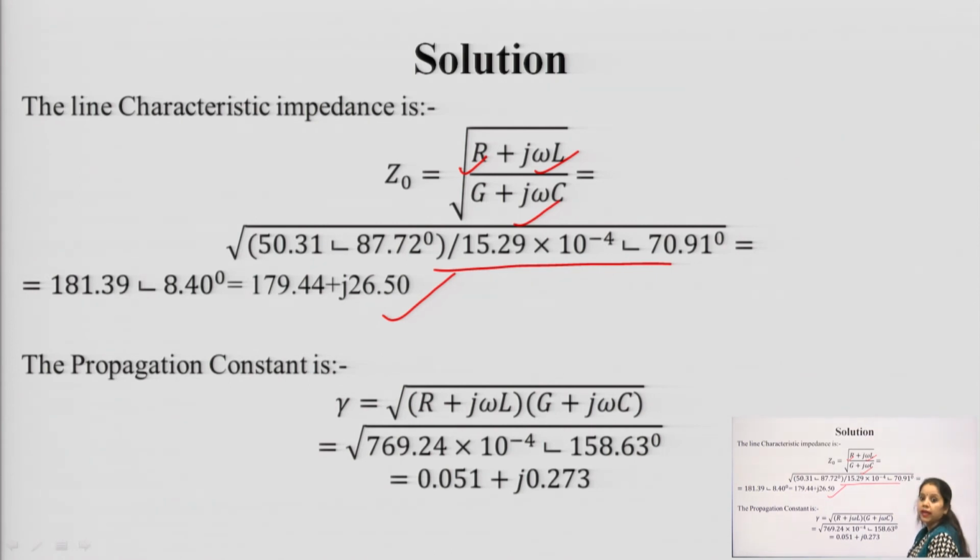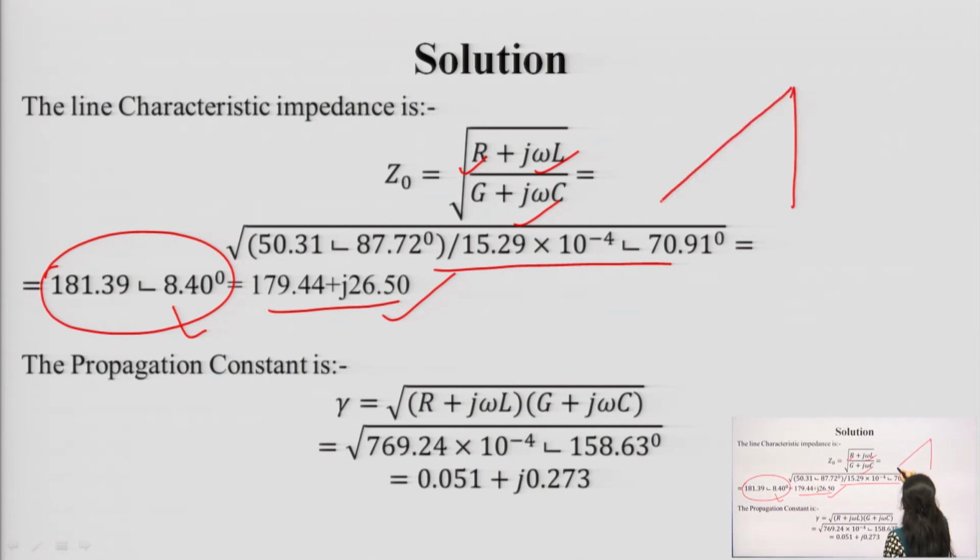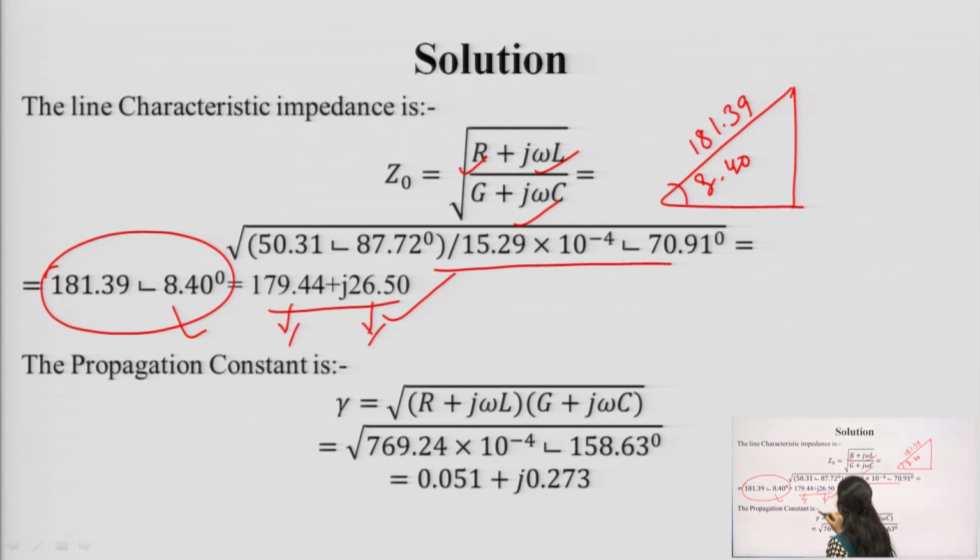For converting the expression from the angle form to the coordinate form, we already know that the angle is 8.40 degrees and 181.39 is the length here. When we have to find the real part and the imaginary part, the real part is on this side and the imaginary on this side.